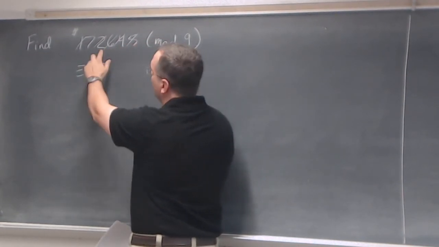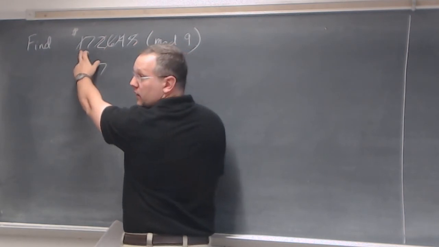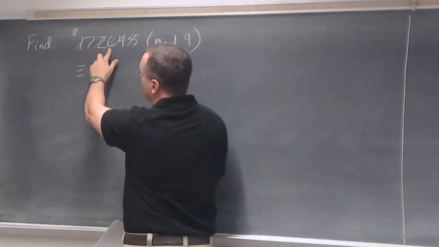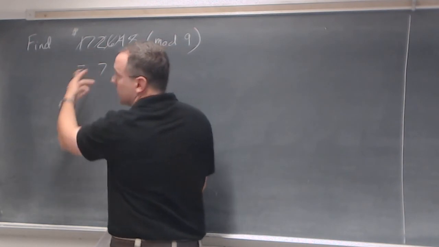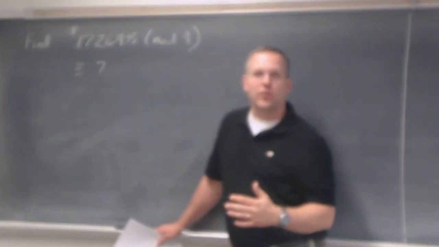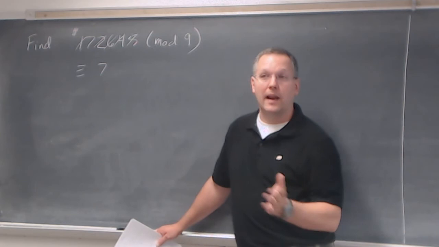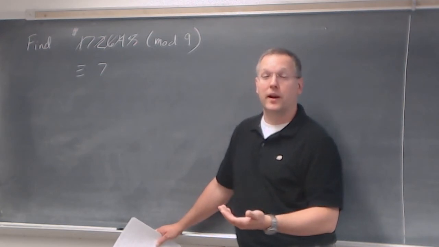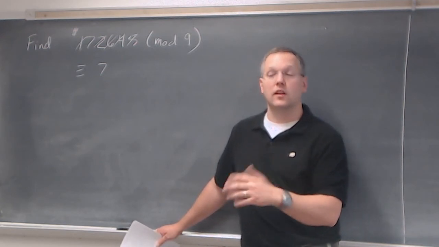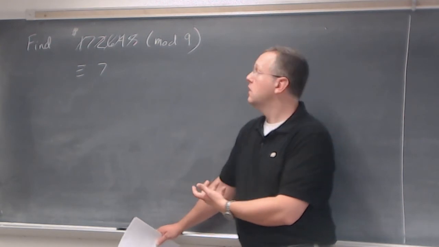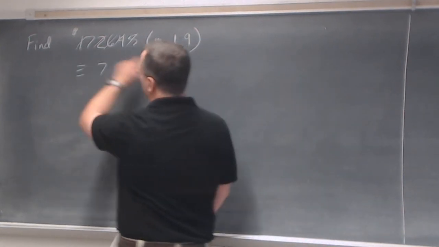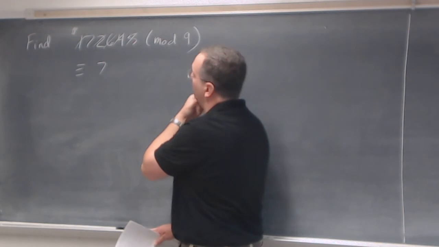So I cancel that; the 6, the 2, and the 1 gives me 9 when I add those digits together. And so the only digit left is 7. So that's the idea. So you guys heard this before probably, right? Like if the digits add up to 9, then the number is divisible by 9. Yes. So that's the same idea. That's the same as casting out nines. So this number is 7 mod 9.